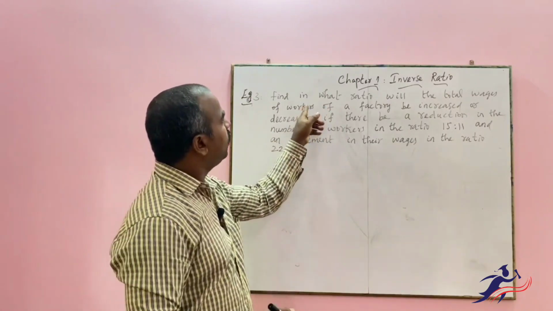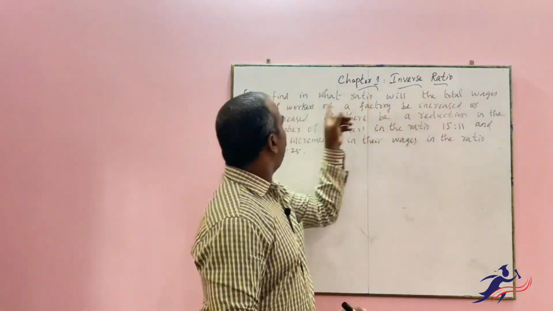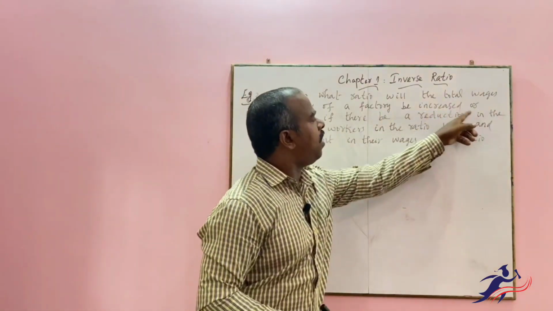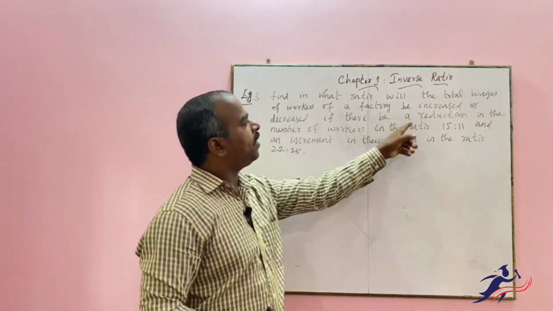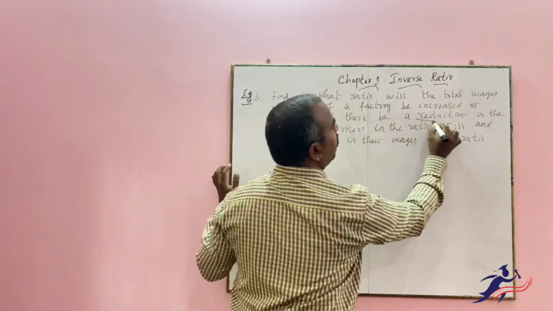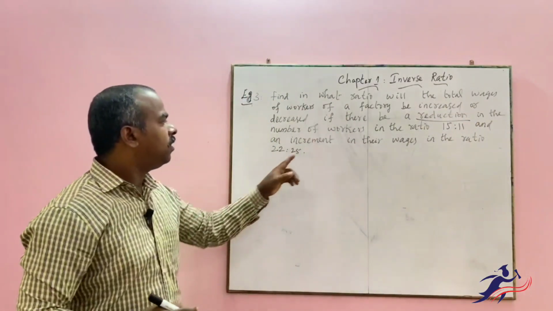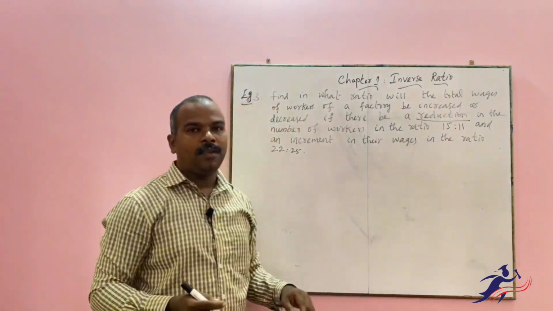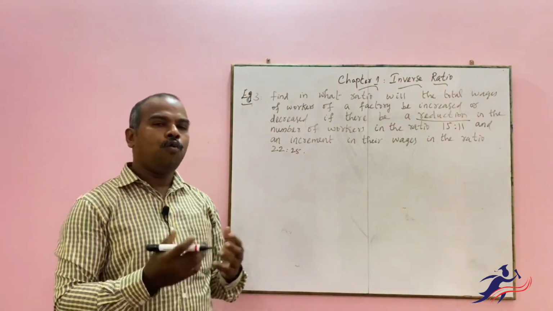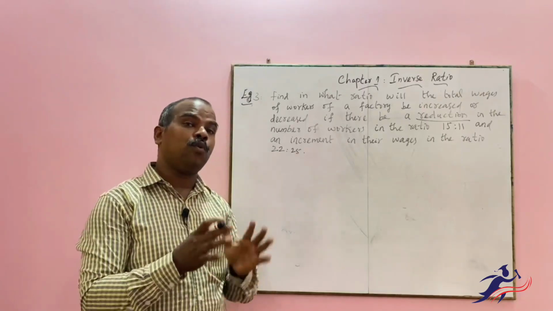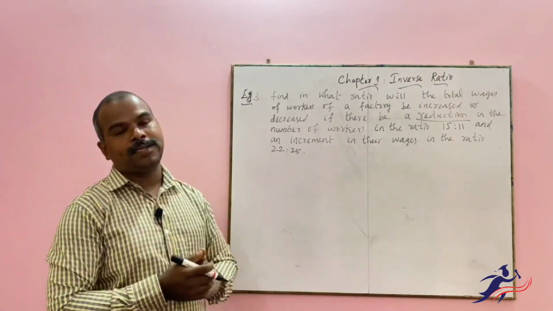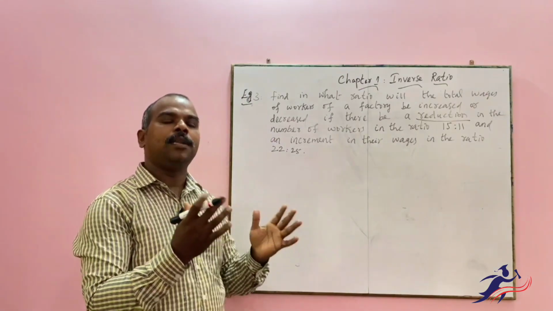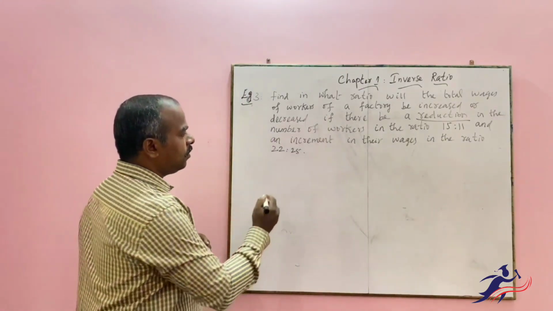So we are going to use that formula here to find out the values. See, here again, the total wages of workers of a factory be increased or decreased if there be a reduction, meaning decreasing, in the number of workers in the ratio 15:11. So we don't know how many workers they have originally. I am going to take that originally they have X numbers of workers.